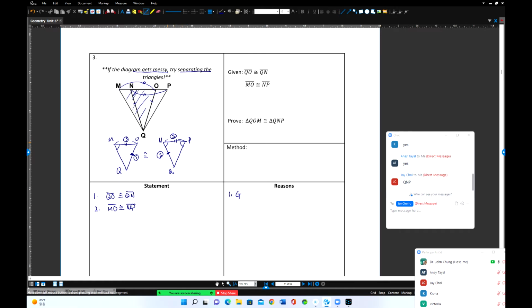This is Q and P over here. Okay, I'm going to delete this one. This angle, how much? MQP, right? MQP, MOQ. These two angles are equal, right?